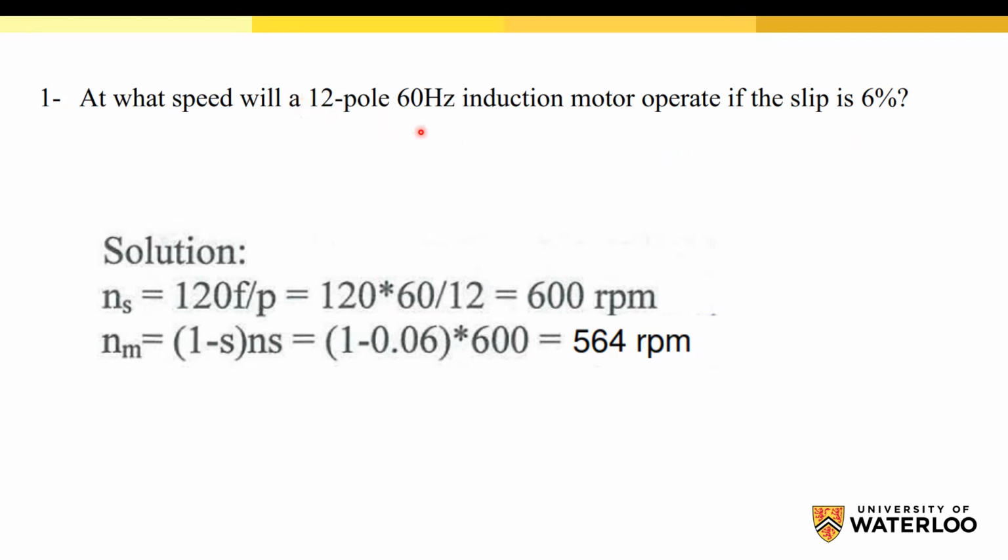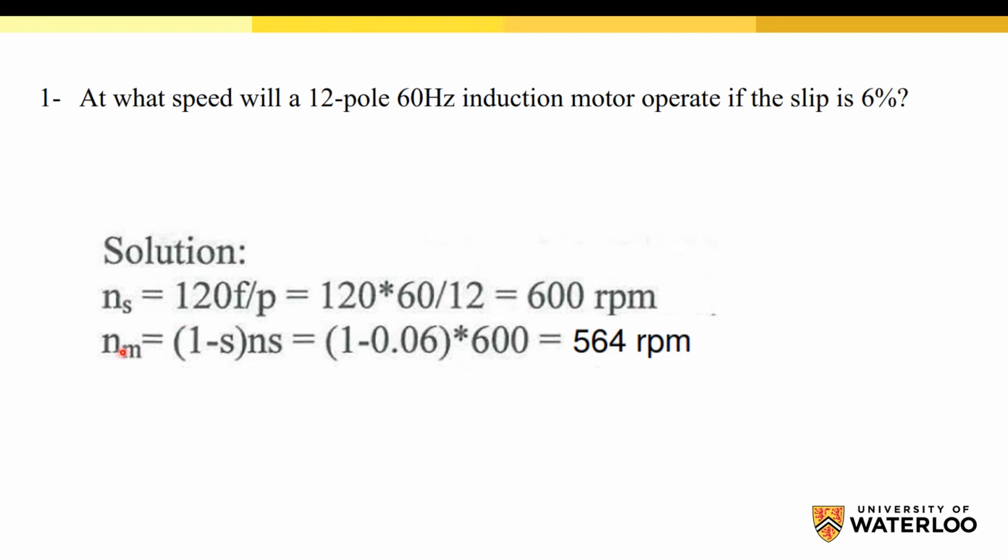If you know the number of poles and the frequency, you can calculate the synchronous speed. So the synchronous speed is equal to 120 times the frequency over the number of poles. And if we know the synchronous speed and the slip, we can calculate the mechanical speed of the motor.